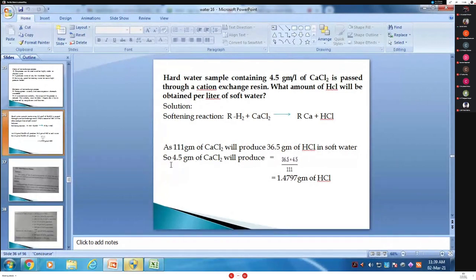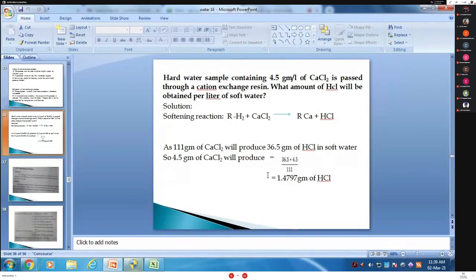Then what is in our question? 4.5 grams of CaCl2 will produce, this one is the standard 36.5, into 4.5 divided by 111. Write it down in your notebook and do the calculation.